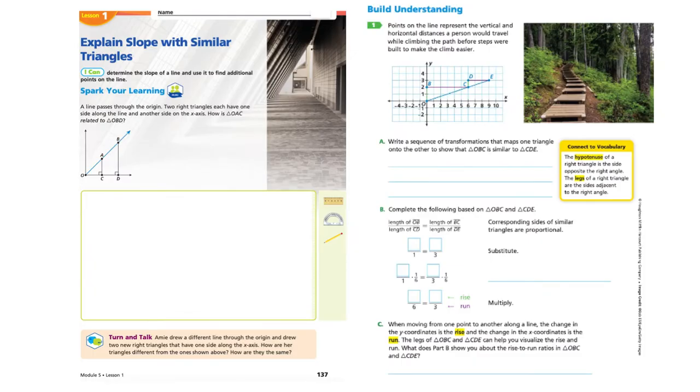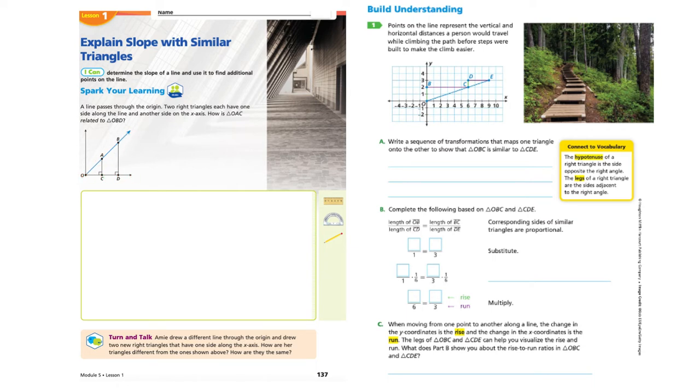So here's lesson 1, and the I can statement says, determine the slope of a line and use it to find additional points on the line. So this Spark Your Learning is a good idea to do. It says a line passes through the origin. So here's the line that they're talking about, and here's the origin. Two right triangles each have one side along the line and another side along the x-axis.